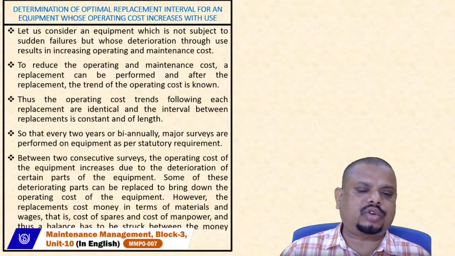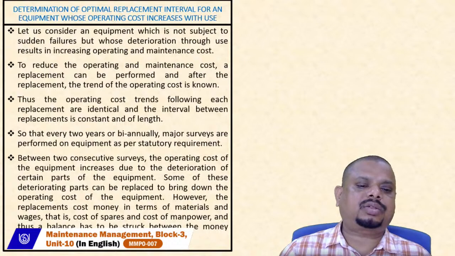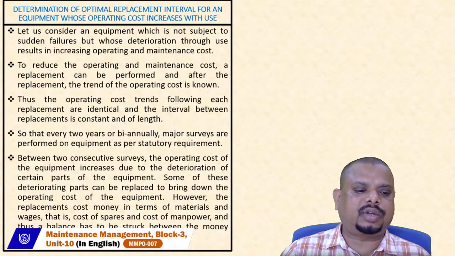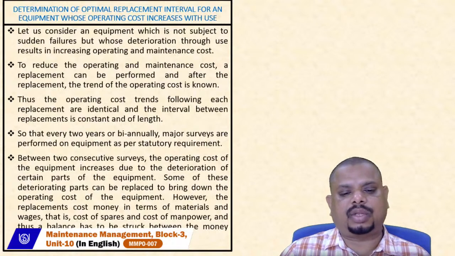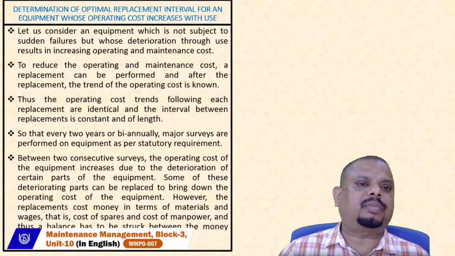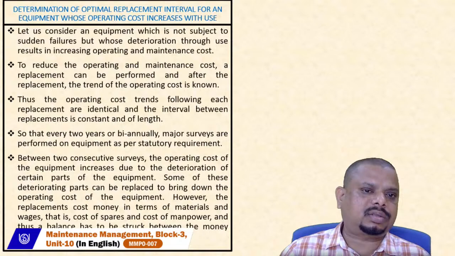Between two consecutive surveys, the operating cost of the equipment increases due to the deterioration of certain parts of the equipment, so that part should be replaced. And the replacement costs money in terms of materials, labor wages, the cost of spare parts, and cost of manpower, and thus balance the trade-off between the money and the spend of replacement. These things should be considered whenever you go for the optimal replacement interval for equipment.